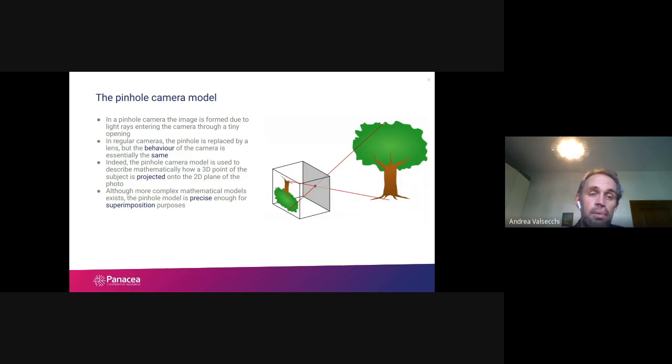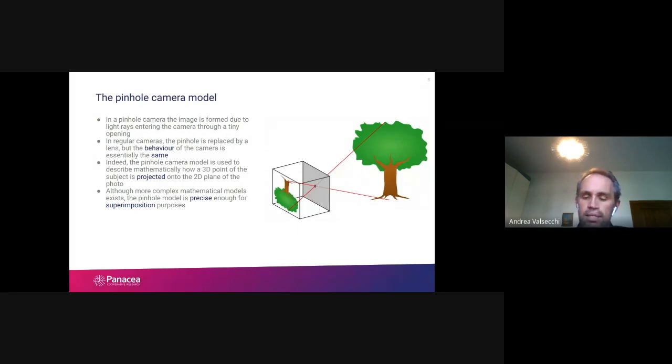In a regular camera, instead of the aperture, there is a lens, but the essence of how a camera works is the same. So the pinhole camera model, although it's not perfect in some very precise contexts, is enough for superimposition and many other applications in software engineering.